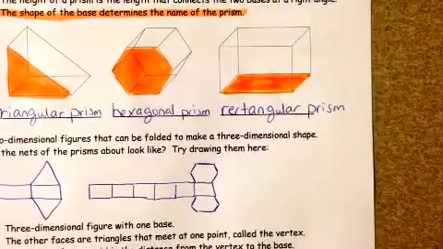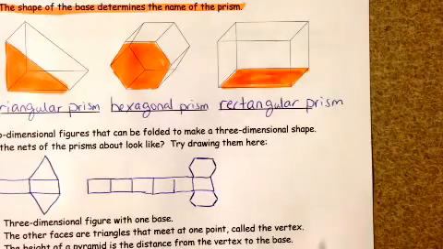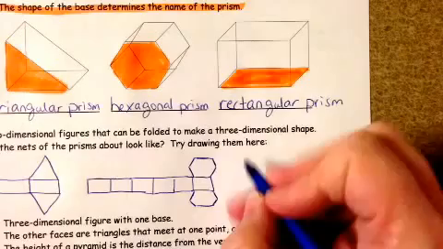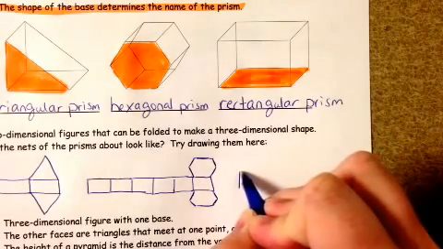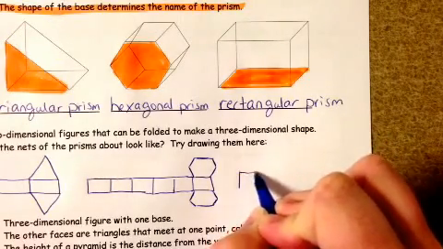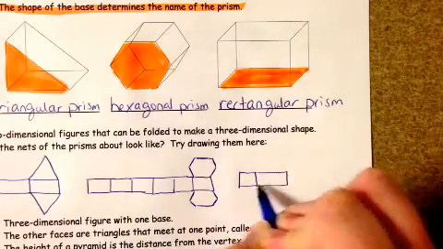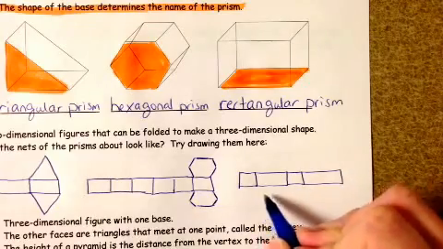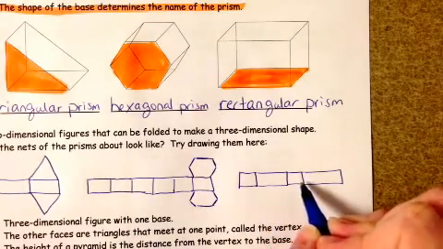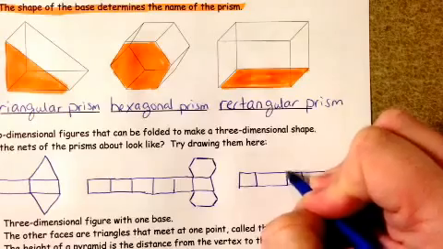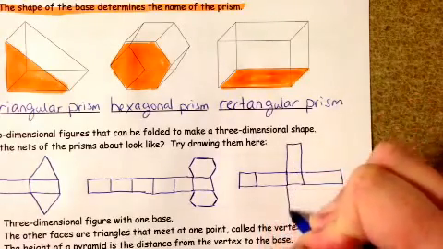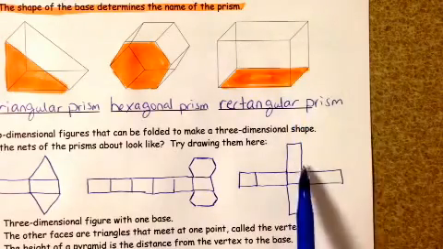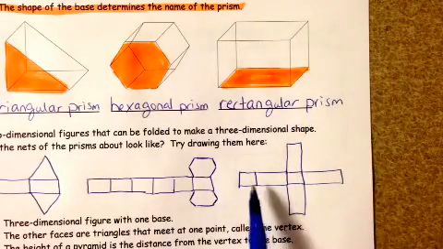And to draw our rectangular prism net, we're going to need 4 rectangles. And then we'll need our rectangle bases. See how these sides look a little bit smaller, so I drew those a little bit smaller.